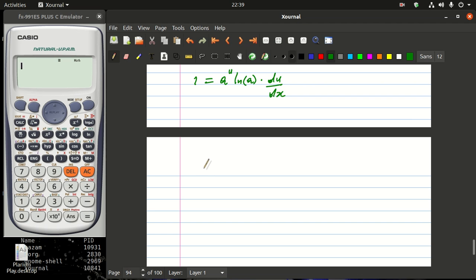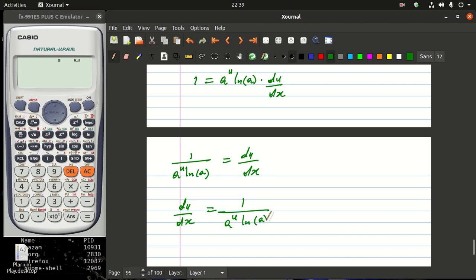So I end up saying that actually I can divide on both sides by a to the power u. So I will end up having 1 divided by a to the power u, and then ln of a is supposed to be equal to du dx, or du with respect to x is the same as 1 divided by a to the power u ln of a.